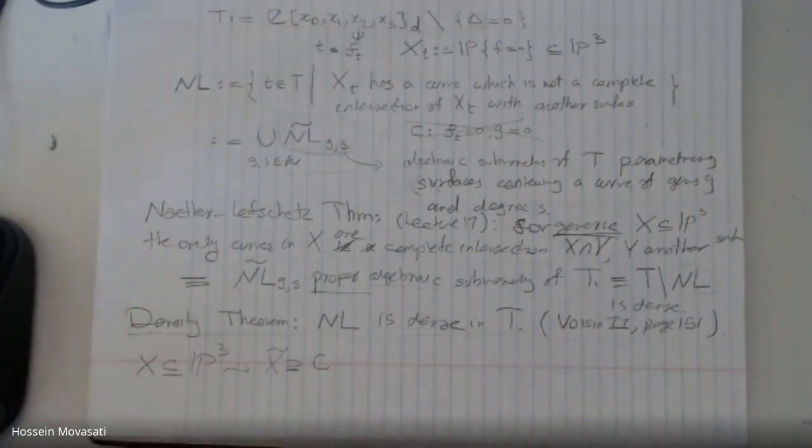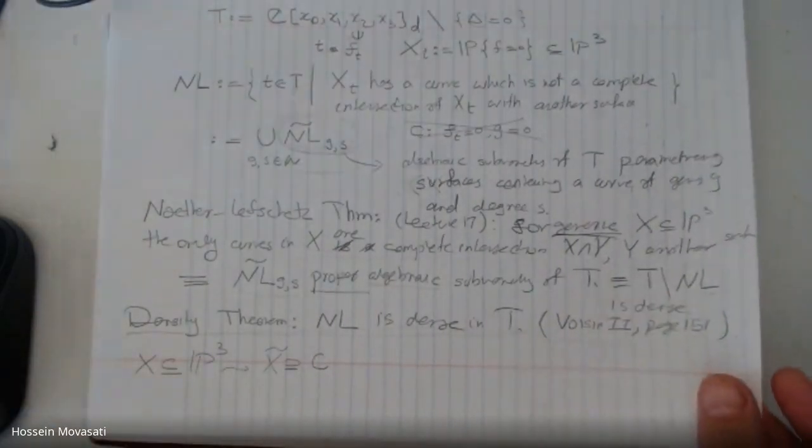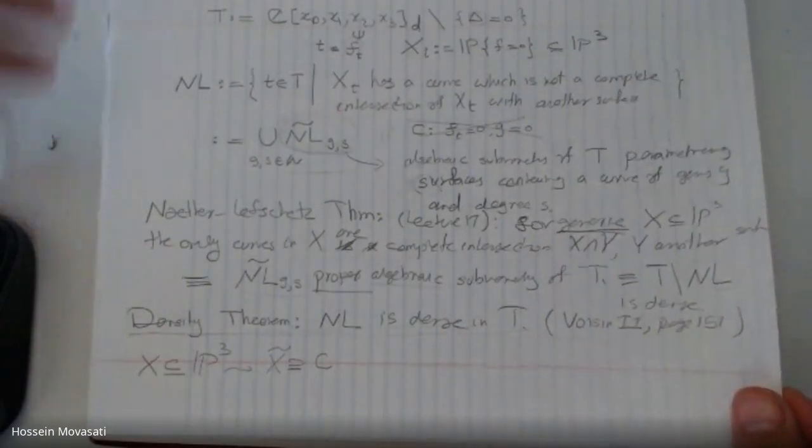But in practice, how to do this perturbation and so on, there is no algorithm. And so from the computational point of view, we still have a long way to go.